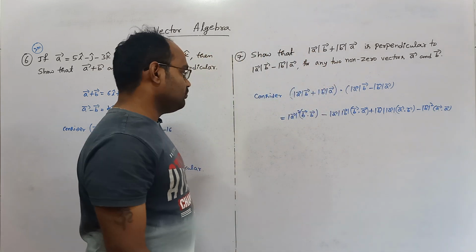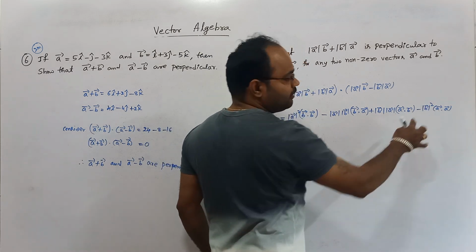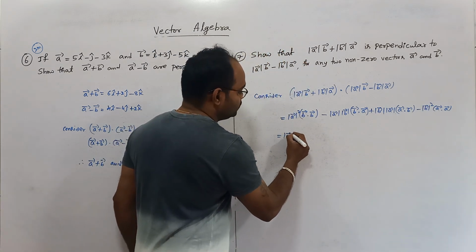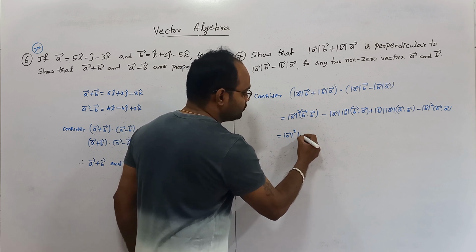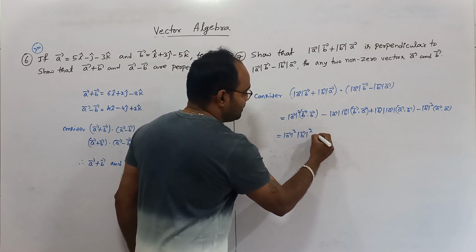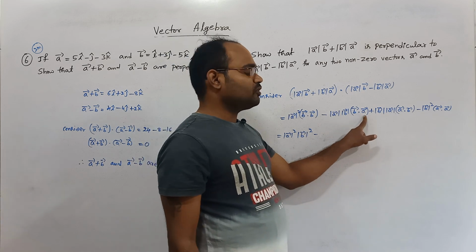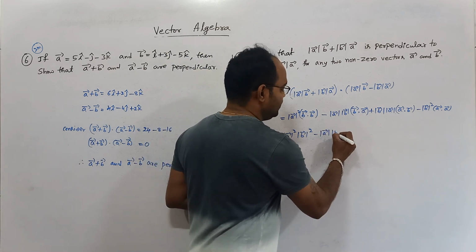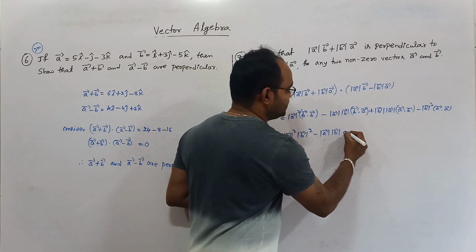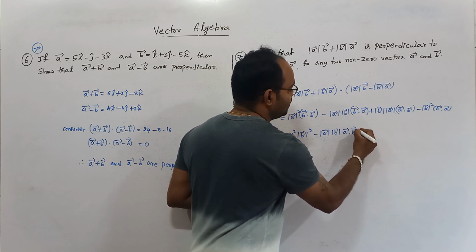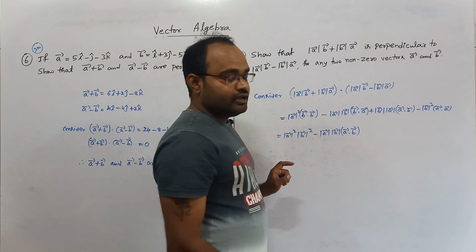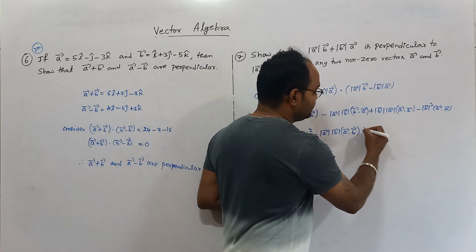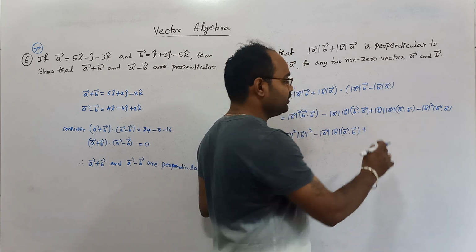So ನಮಗೆ ಗೊತ್ತಿದೆ ಫಾರ್ಮುಲಾ A dot A is magnitude A whole square. So this can be written as magnitude A whole square, this is magnitude B whole square, minus ನಮಗೆ ಗೊತ್ತಿದೆ dot product is commutative, so magnitude A magnitude B, B dot A can be written as A dot B because dot product is commutative, and scalar multiplication is also commutative.